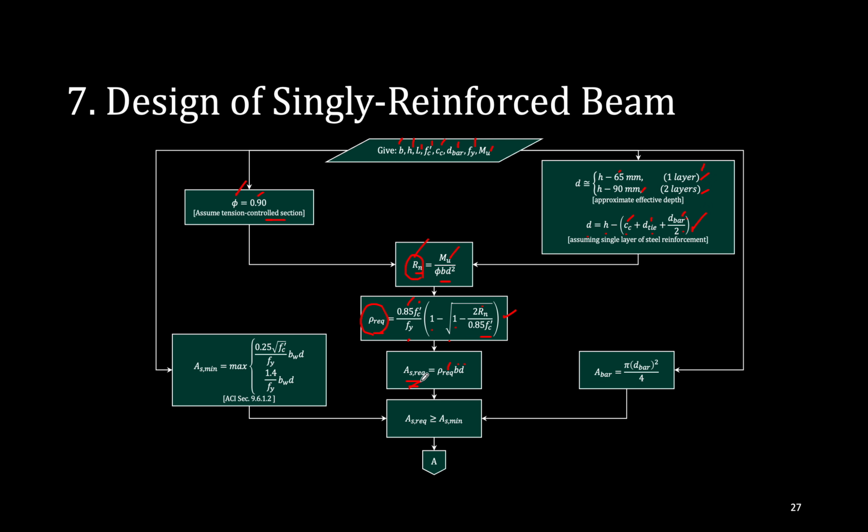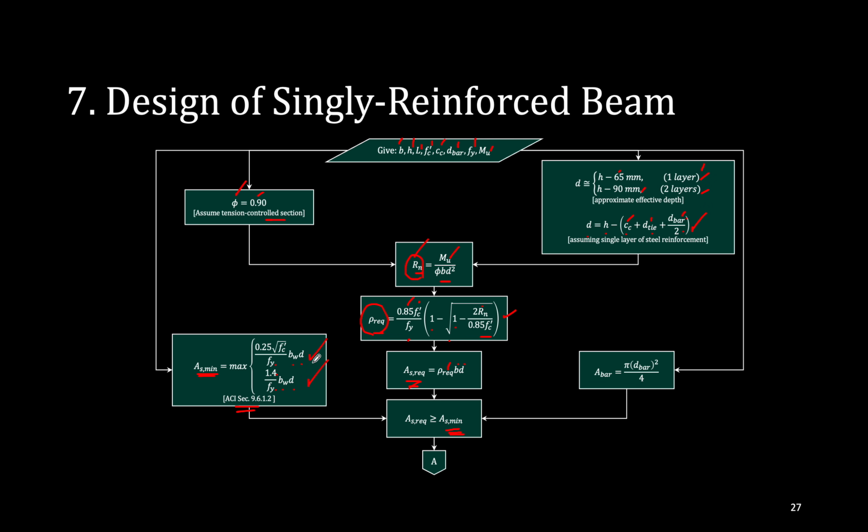After solving for the required steel ratio, we're going to counter check it sa minimum na steel area based sa ACI section 9.6.1.2. Yung minimum na steel area is equivalent to the maximum value between these two equations: 0.25 square root of fc prime all over fy times bw d, or 1.4 over fy times bw d.